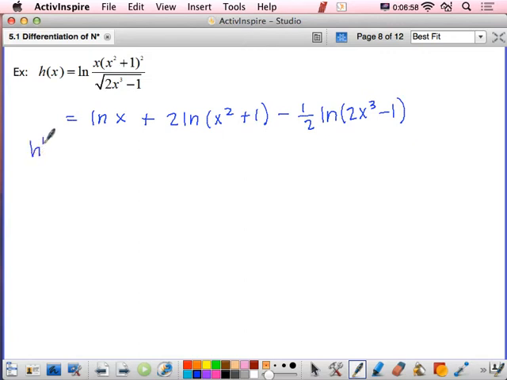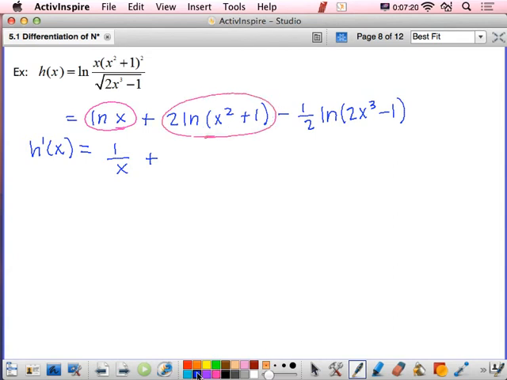So h prime of x is equal to the derivative of this piece, which is what? 1 over x, plus, and for this next piece, you simply keep the coefficient.